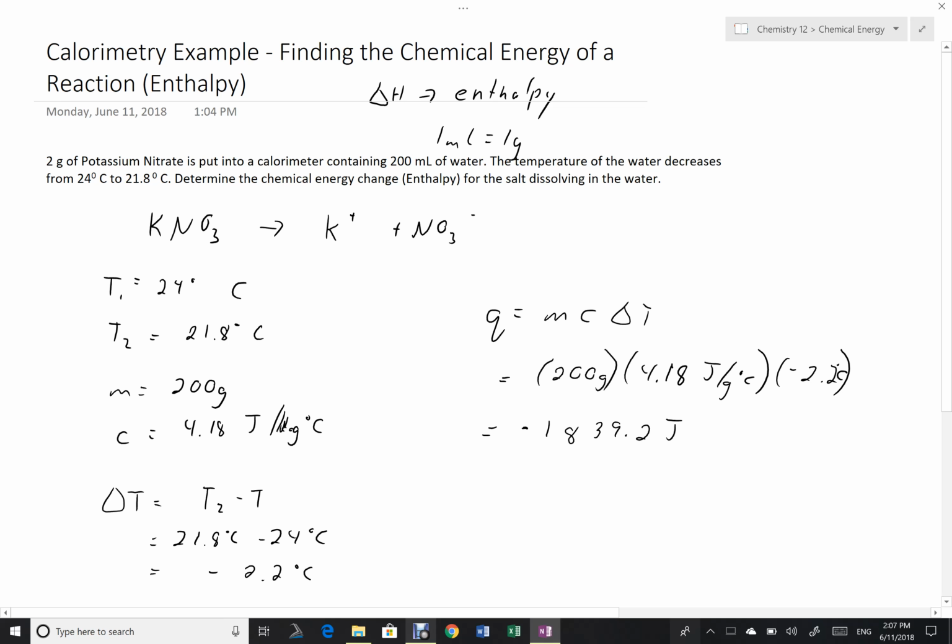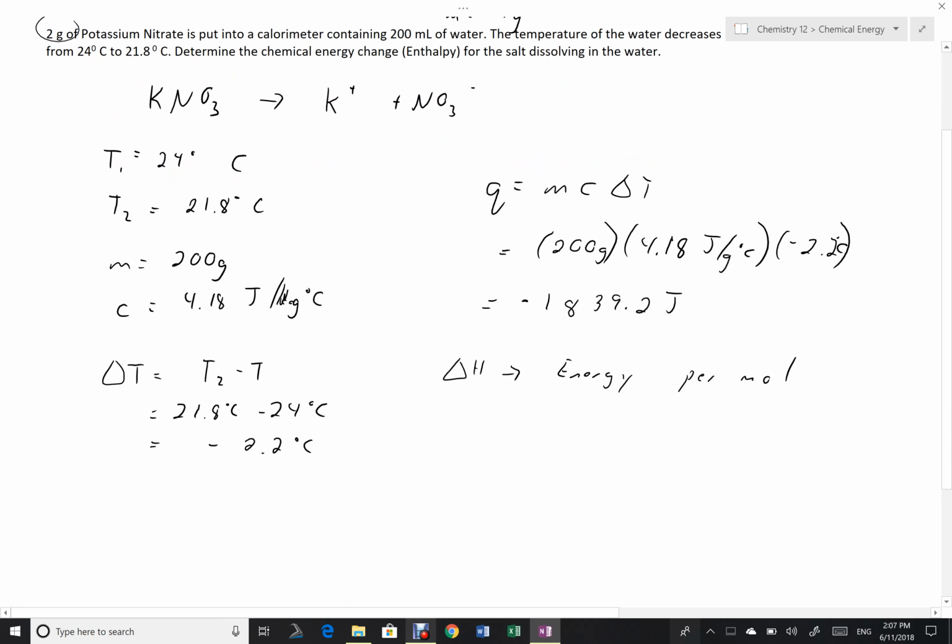So I know I have 2 grams of the potassium nitrate. I'd like to find out what the general delta H is, the amount of energy per mole. So I'm going to assume that my calorimeter is a perfect closed system, an isolated system, and I'm going to say that E is going to be equal to negative Q. So the energy lost by the surroundings will be gained by the chemical reactants here.